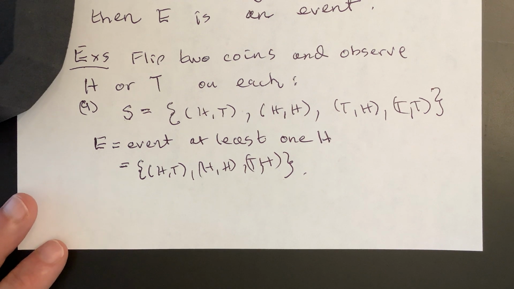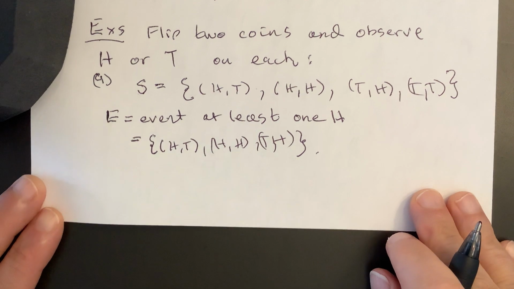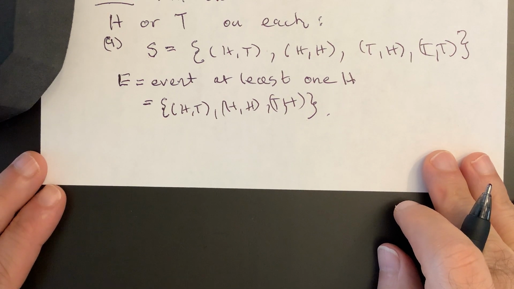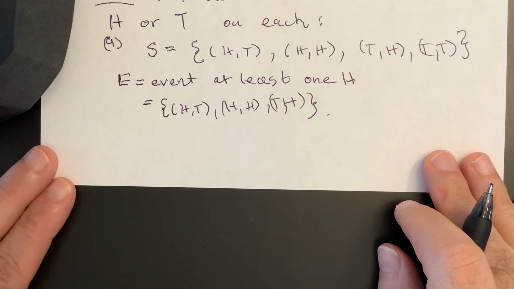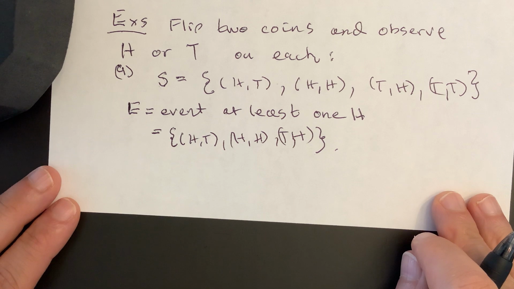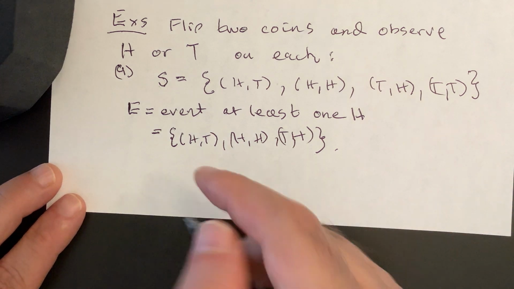Okay, what else could we have? Sometimes we could have an uncountable number of possible outcomes. We will get into these more later in a few weeks. But we could have an example like this.